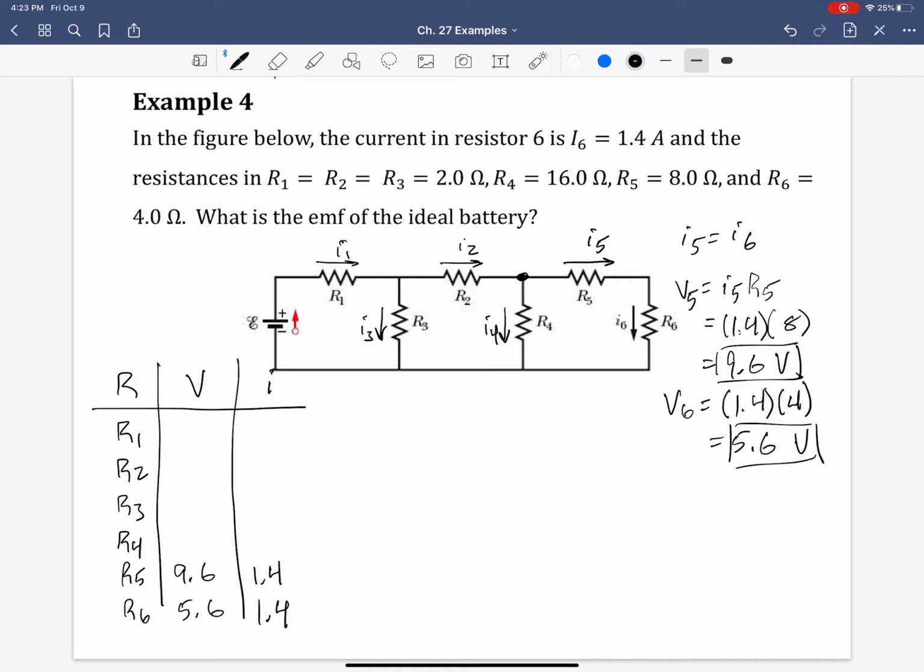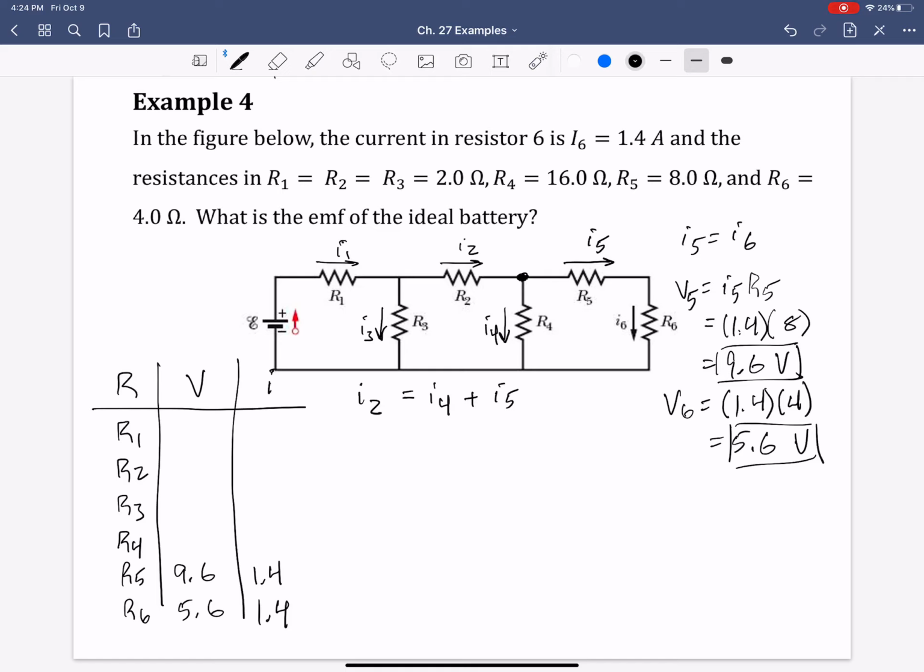Okay, and so now that we know both of those, we know everything for 5 and 6, we're working our way backwards now. Let's start taking a look at R2 and R4. At the node specified at the top there, Kirchhoff's node rule says that I2 is going in, and that has to equal the currents going out, which is I4 plus I5.